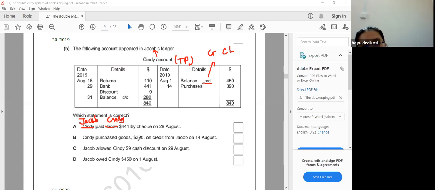Cindy purchased goods 390 on credit from Jacob? This should be Jacob and Cindy. Jacob allowed Cindy $9 cash discount on 29th? This should be Cindy and Jacob. Jacob owed Cindy 450 on first. This is the amount Jacob owes to Cindy. So the answer should be D.